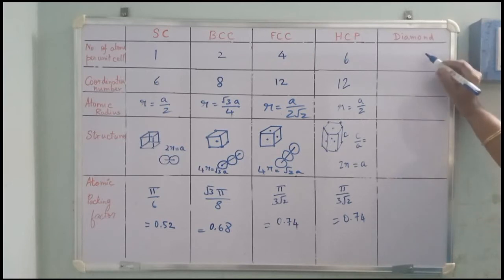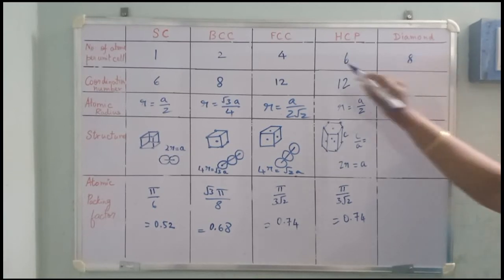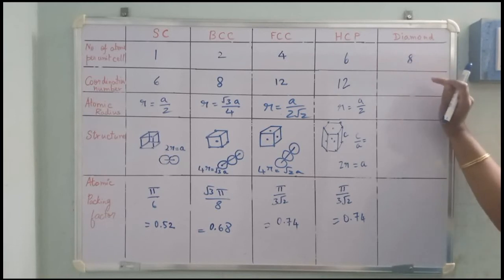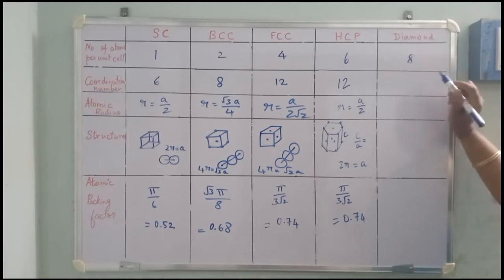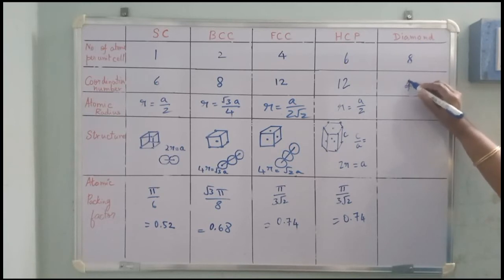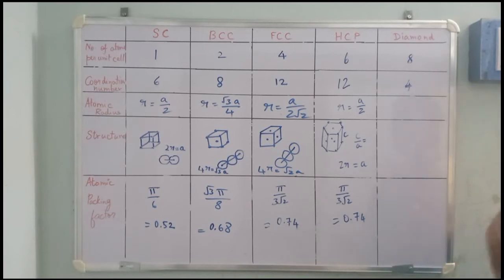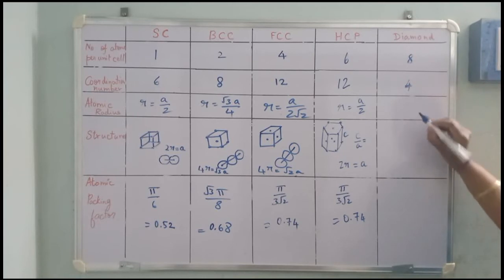And for diamond, the total number of atoms per unit cell is maximum, it is 8, because in addition to the face-centered atoms, there is an intersecting lattice contained within the unit cell, having 4 atoms within the unit cell. The coordination number is 4, making the diamond a very loosely packed structure, because the nearest neighbors is the least in case of diamond.